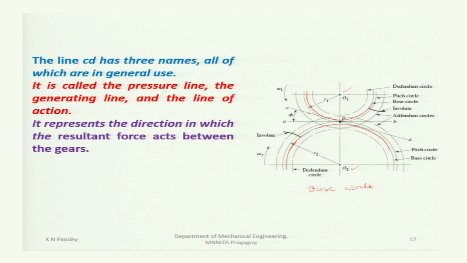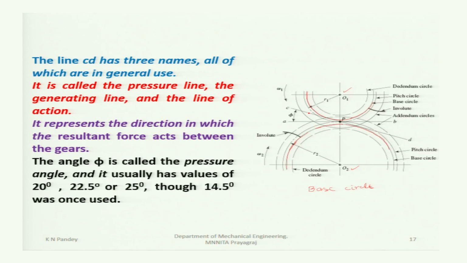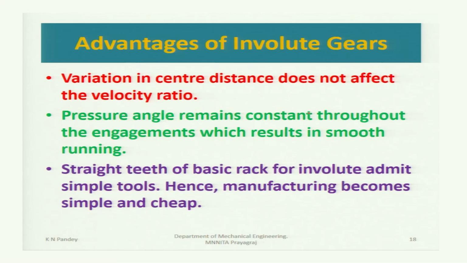It represents the direction in which the resultant force acts between the gears. The angle phi is called the pressure angle, and it usually has values equal to 20 degrees, 22.5 degrees, or 25 degrees. Earlier 14.5 degrees was used, but it is not used now.